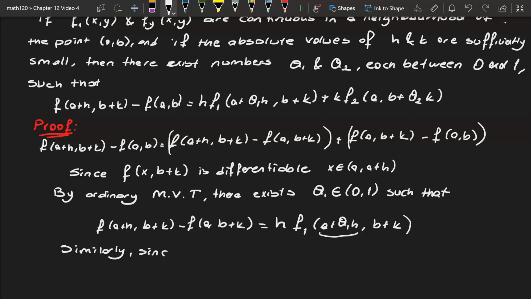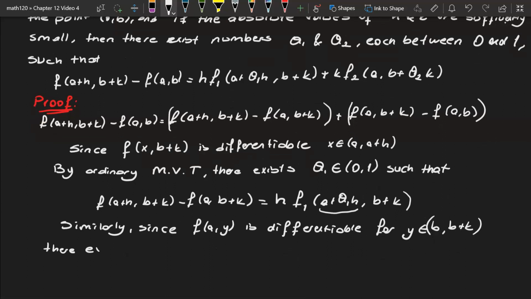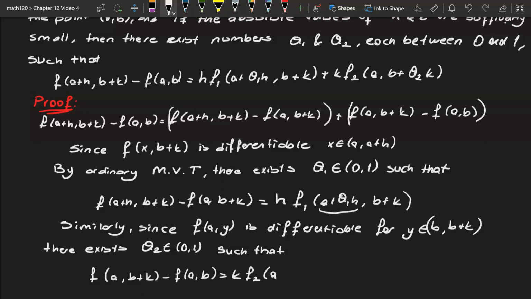Similarly, since f of (a, y) is differentiable, so it's continuous, for y between b and b plus k, there exists delta 2 between 0 and 1 such that f of (a, b plus k) minus f of (a, b) is k times f sub 2 at (a, b plus delta 2 k).